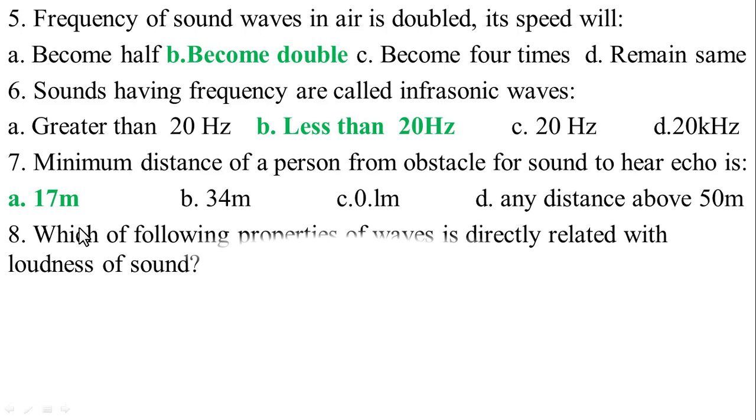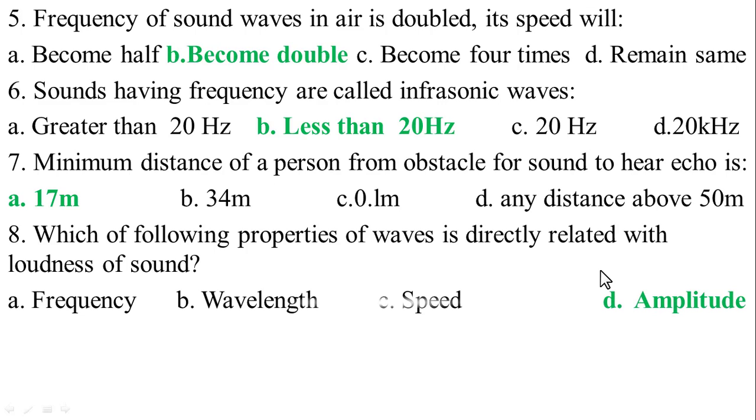Now in the next part: which of the following properties of a wave is directly related with the loudness of sound? The answer of this part is amplitude, because loudness is directly proportional to the square of its amplitude.